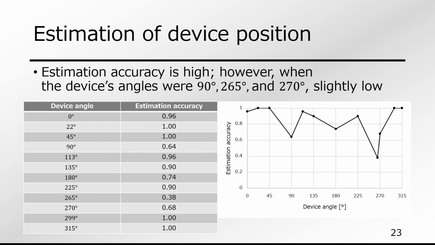We saw that the device area displayed on the shooting screen was related. However, it is smaller at the device angles of 90 degrees, 265 degrees, and 270 degrees than at the other angles. Why the estimation accuracy of the device portion decreases at the device angles of 90 degrees, 265 degrees, and 270 degrees to the shooting screen is currently unknown.